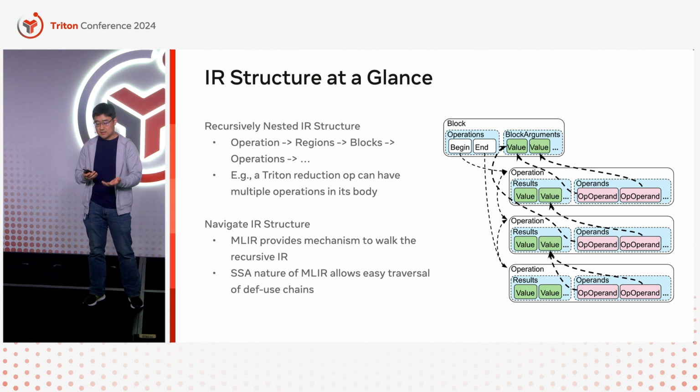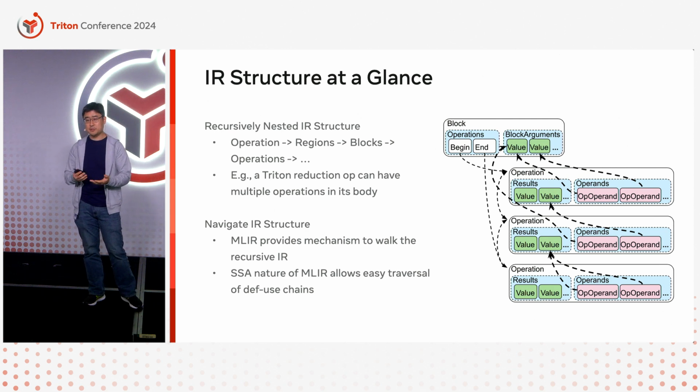You'll notice that these operands are essentially just pointers to values. So in the case of the middle operation, one of the values has 2 operands, and it's very easy for us to leverage the SSA nature to say what the uses of this value are. And again, we'll see more examples down the line.